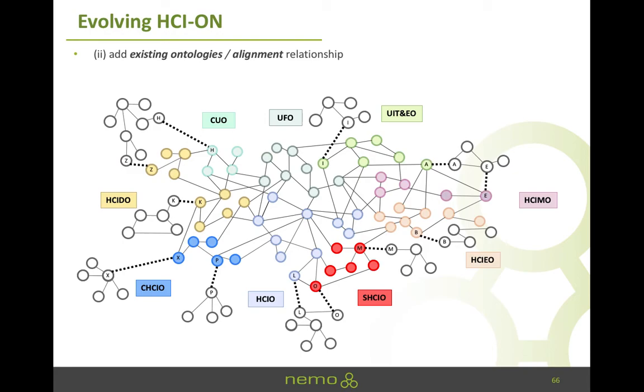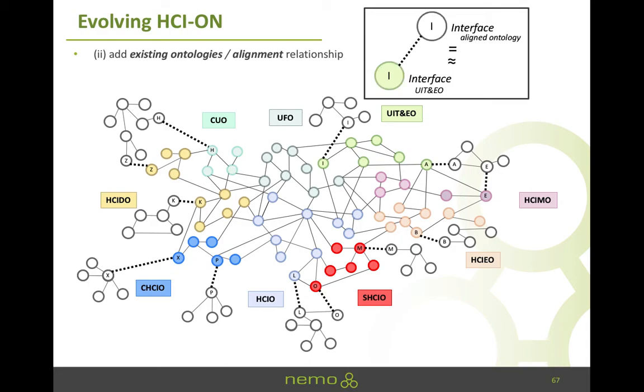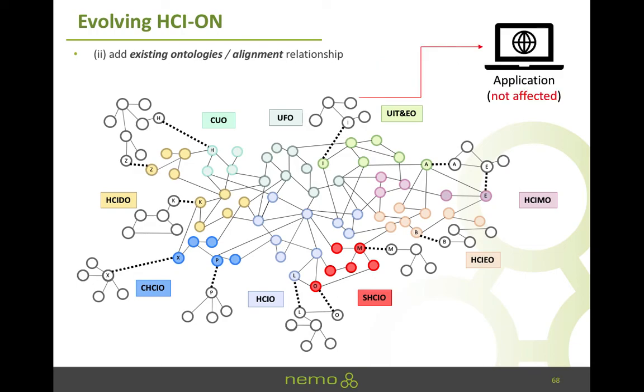Existing ontologies can also be added to the network as they are, by using an alignment relationship. In this case, the aligned ontology was not changed. Basically, we put the concepts of the aligned ontology and the network ontology in some level of equivalence.